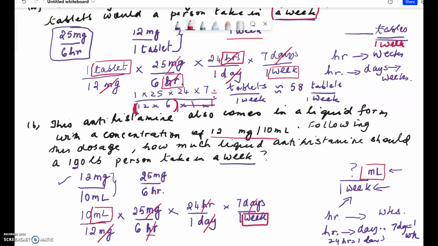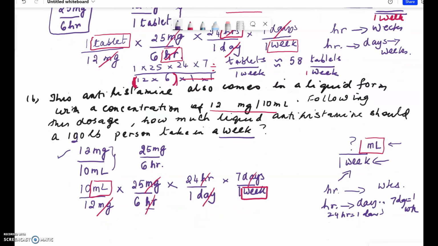So now we just have to simplify this expression, and we get 10 times 25 times 24 times 7 divided by 12 times 6 times 1. The numerator has milliliters, which is exactly what we want.